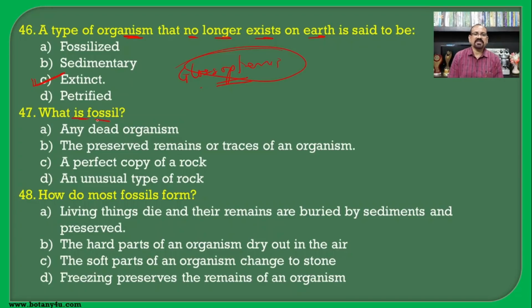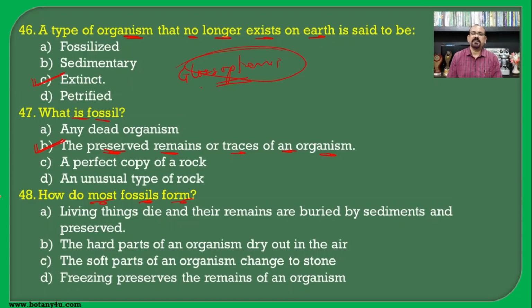Then what is a fossil? Earlier we have seen that the preserved dead remains of the living organisms are known as fossils. So the preserved remains or the traces of an organism are known as a fossil. How do most fossils form?